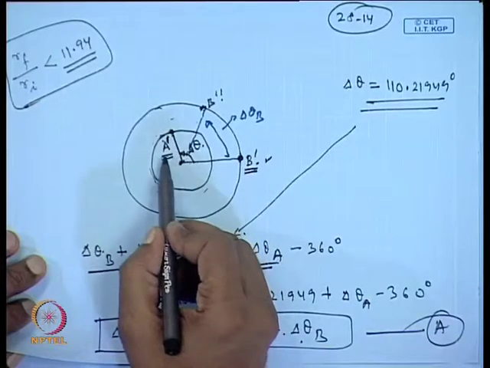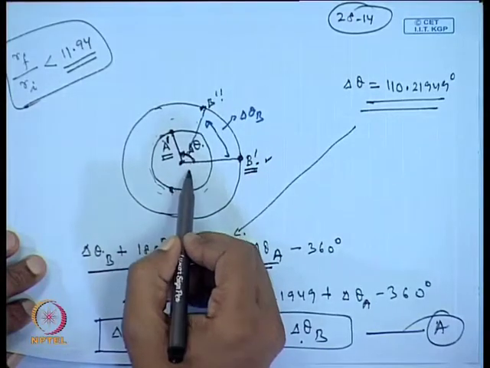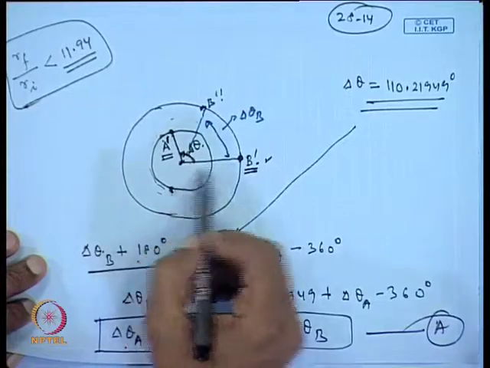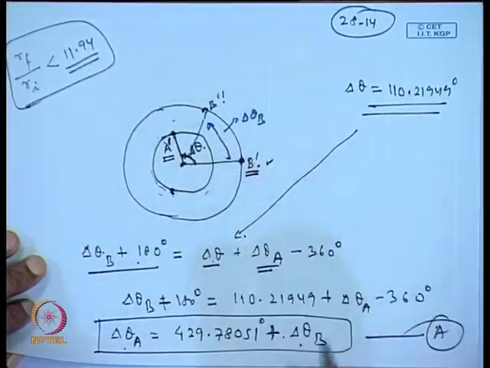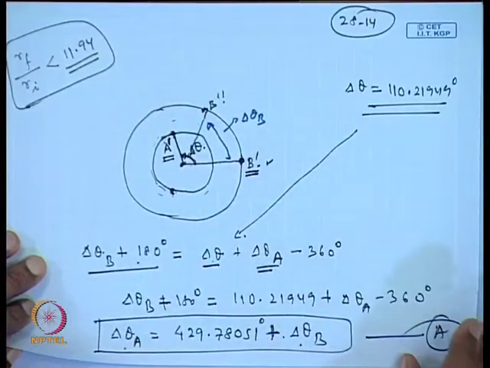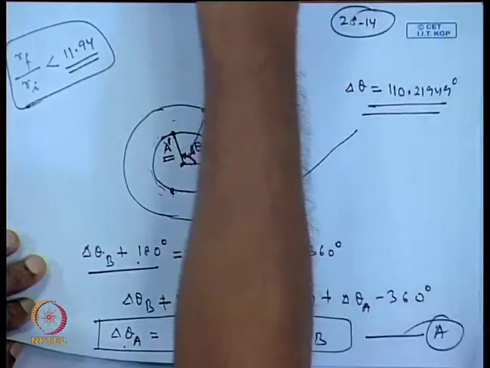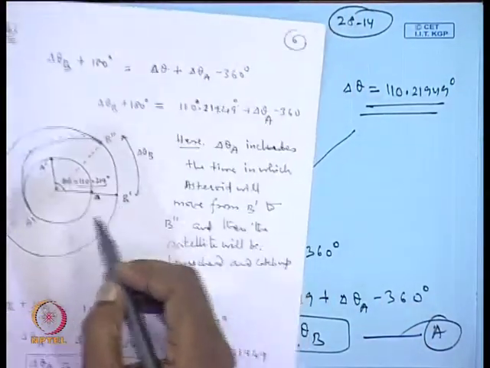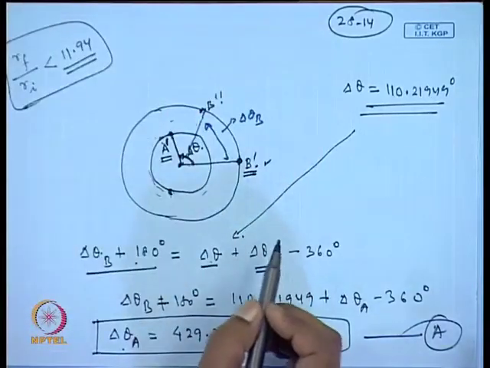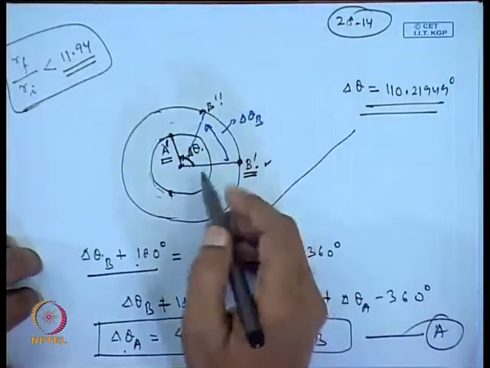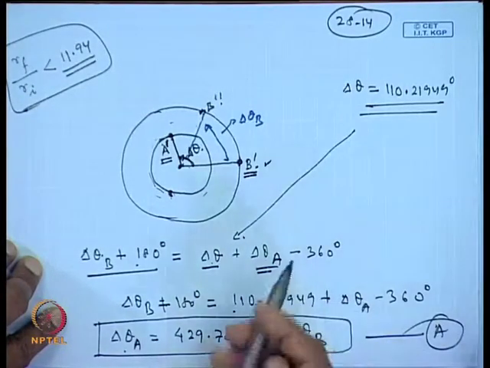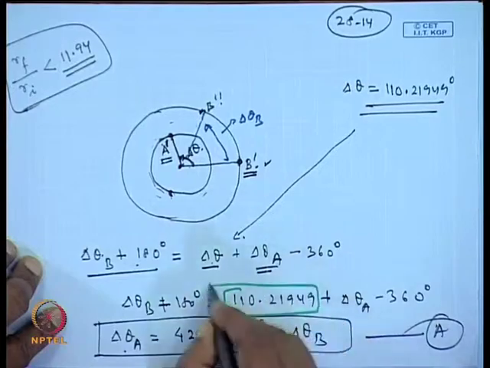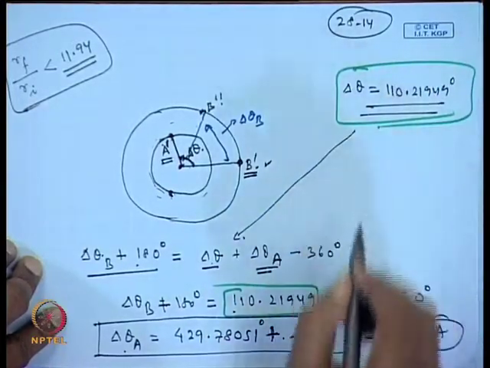Asteroid A was leading asteroid B by a certain angle, delta theta, which we calculated to be 110 degrees, which we have shown here in this place, and we have written here also.